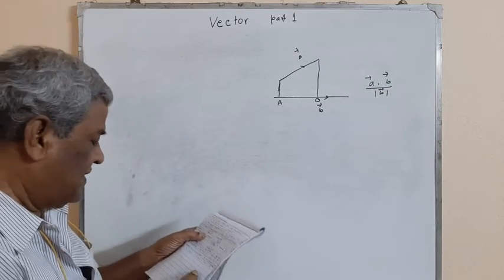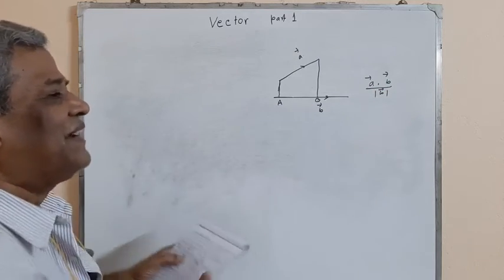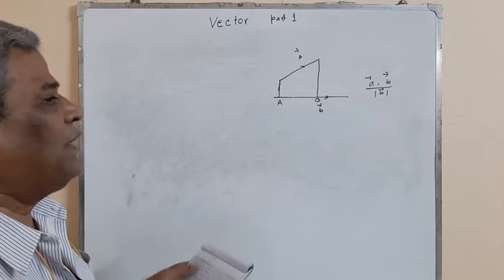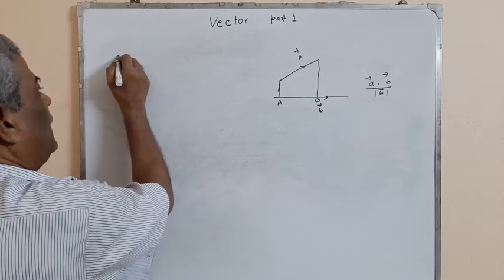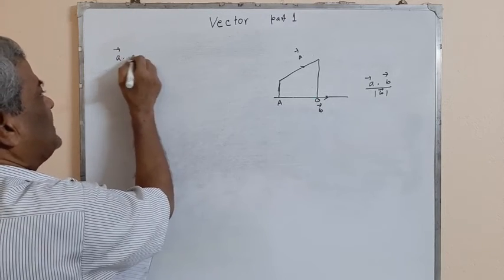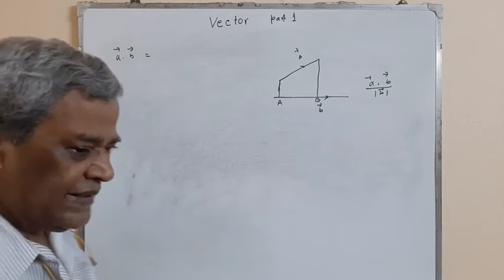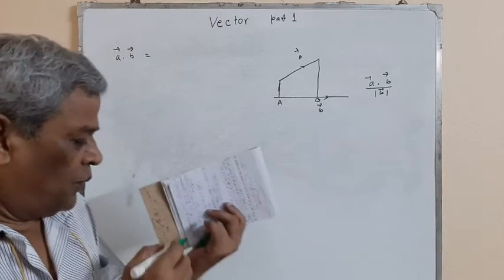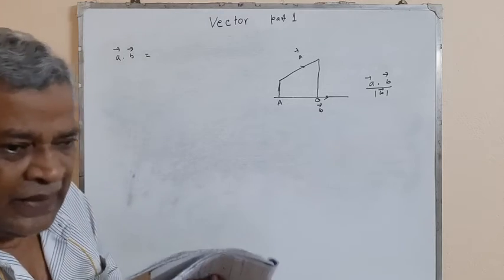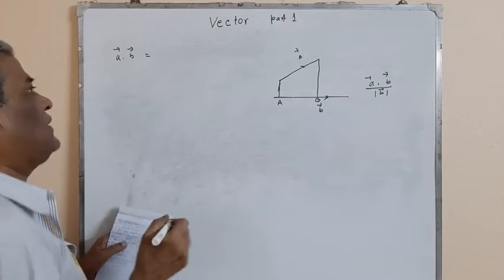Before defining that, we have to define what the dot product is. A and B are two vectors, and for any two vectors there are two types of product: one is the dot product and the other is the vector product.